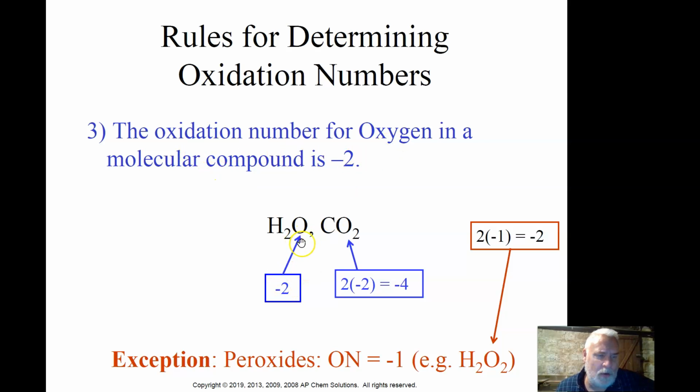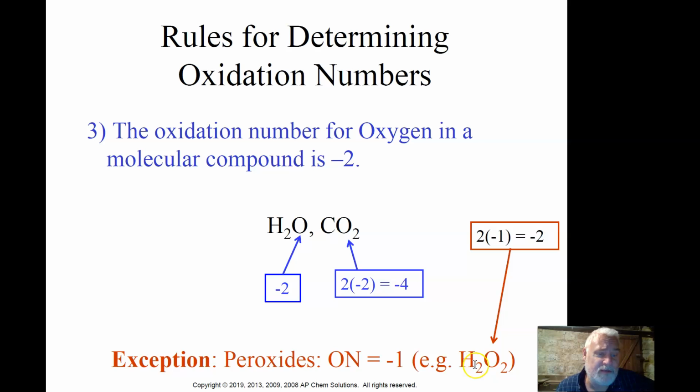Oxygen is almost always -2. If you're in a pinch, guess -2 for oxygen. There is one exception. It is quite rare, and by the way, this is not a compound. The oxidation number, ON, equals -1 in the case of a peroxide ion. You'll know that from the name. This is hydrogen peroxide.